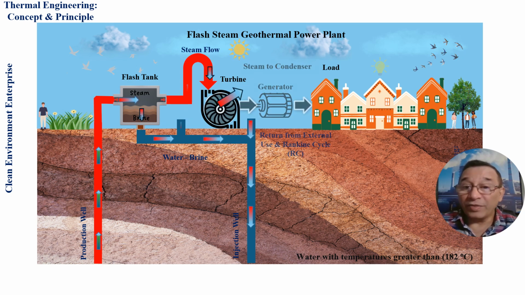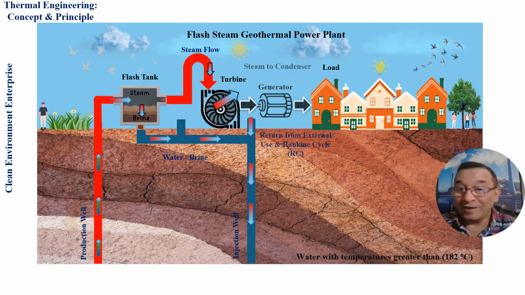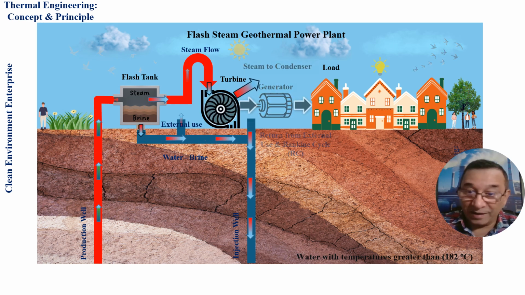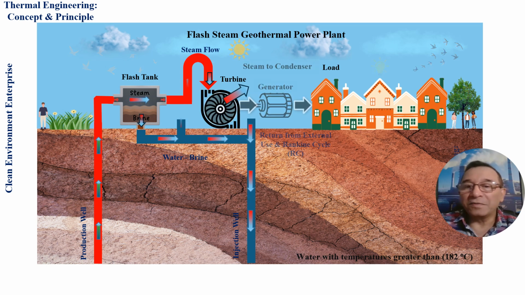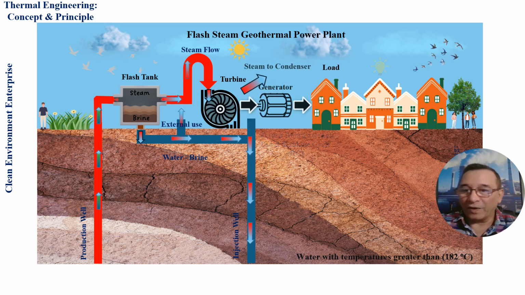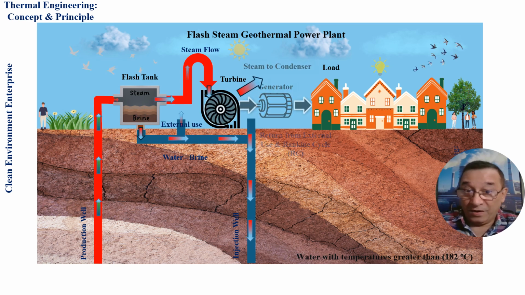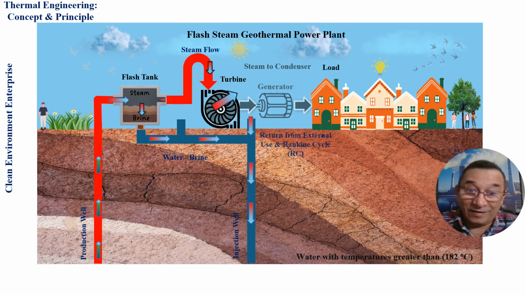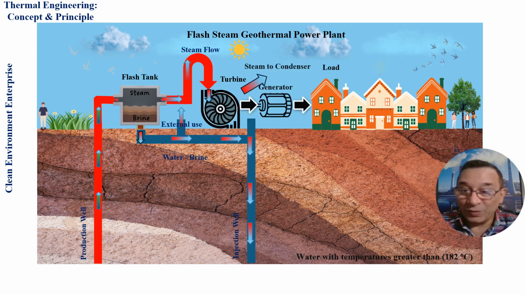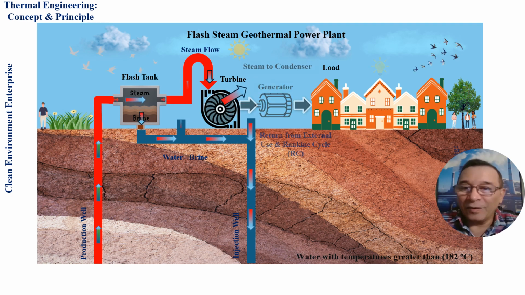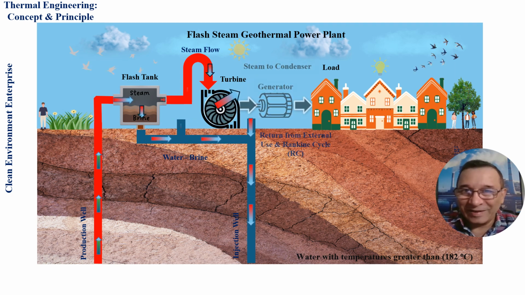At the end, with the aid of the generator, we get electricity, which can be provided to the national electricity network, or used for other objectives. Then the returned water condensate is pumped to the injection well, and in that cycle we can change the energy to electricity.